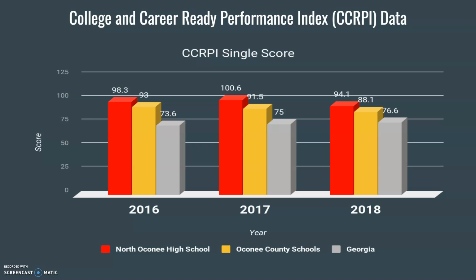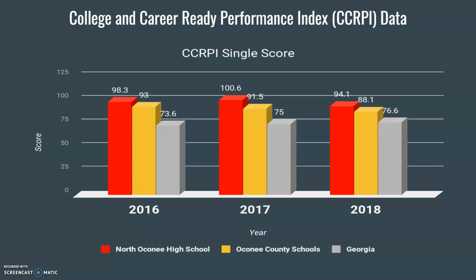In 2016, North Oconee High School had a CCRPI of 98.3, outpacing both Oconee County schools and the schools in the state of Georgia. In 2017, North Oconee High School had the highest CCRPI single score in the state with 100.6.